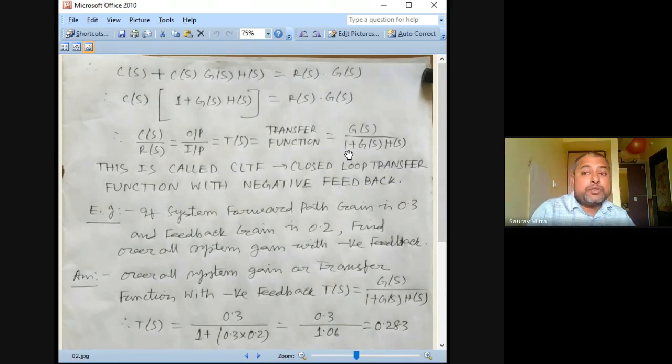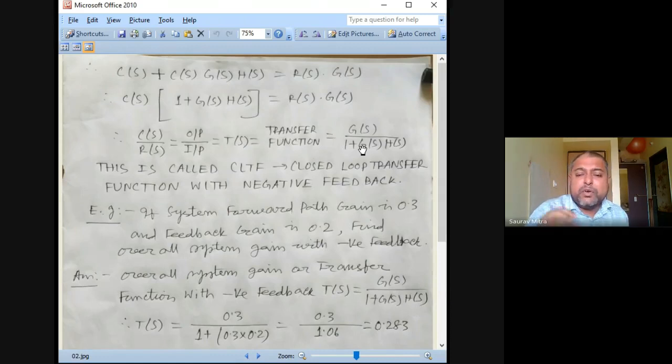And whenever we use positive feedback, you will find that the transfer function is G divided by 1 minus GH. That proof we will do shortly. But before that, this is the transfer function of a system with G as forward path gain and H as feedback path gain, and G by 1 plus GH is the transfer function of the overall system.